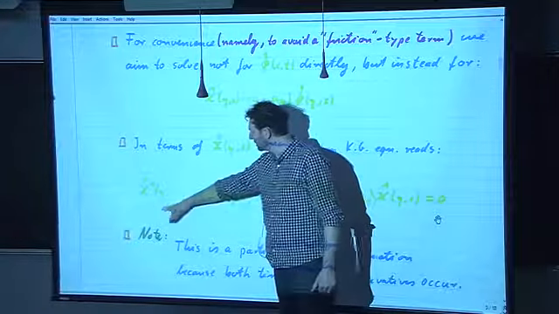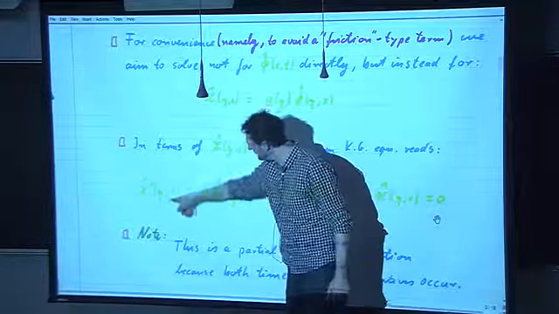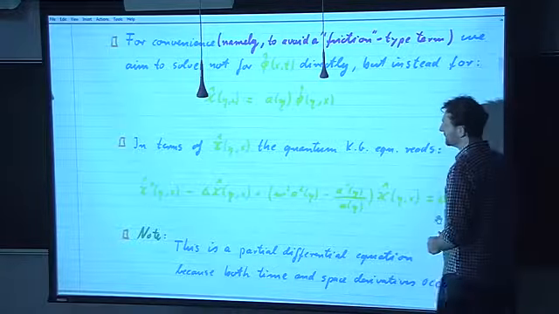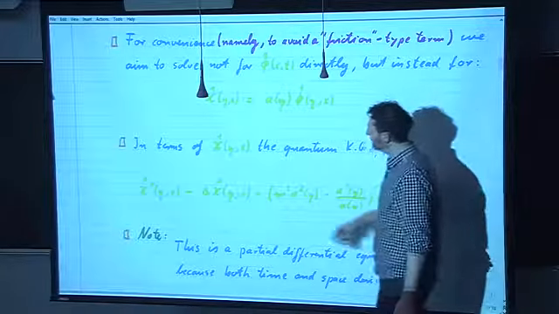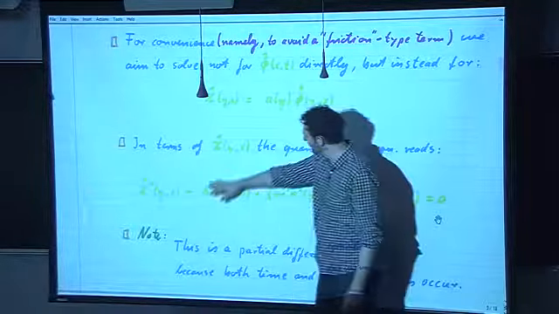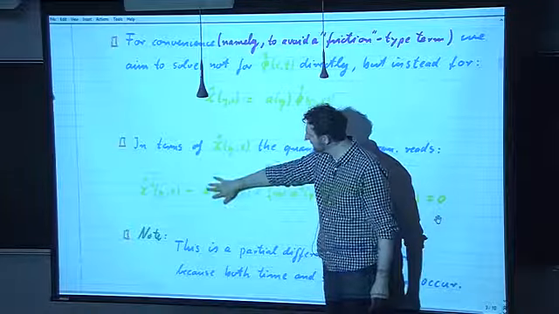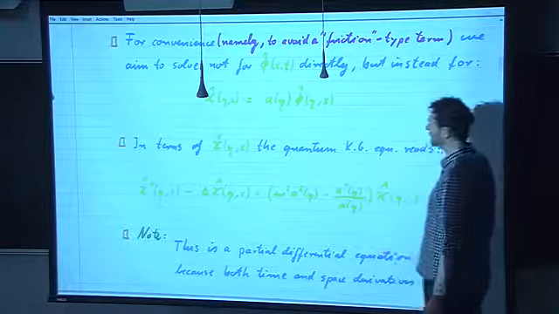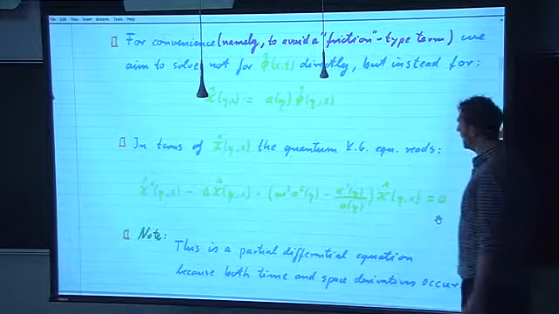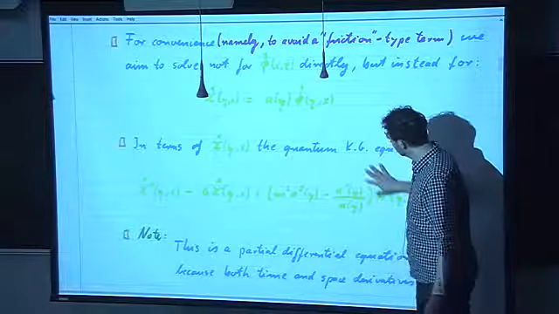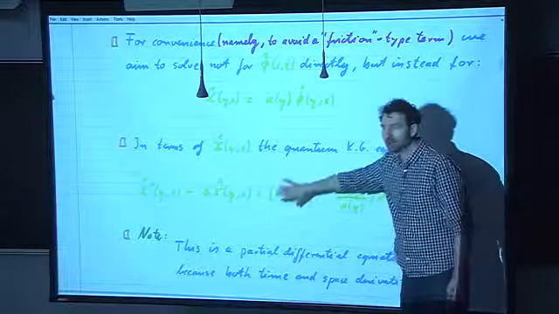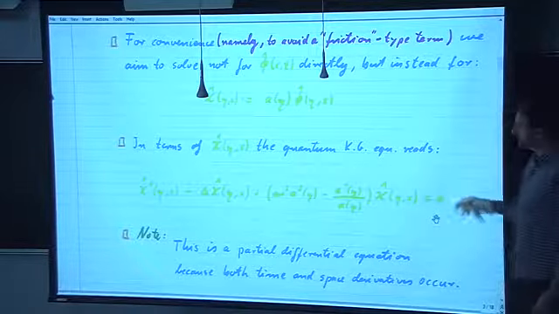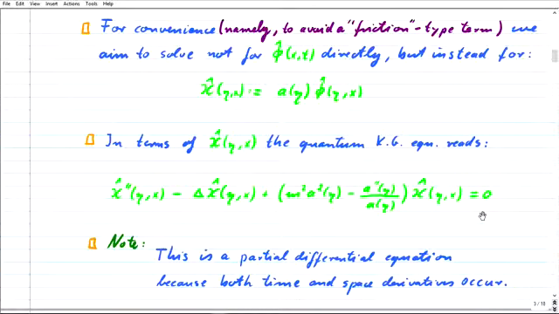Second time derivative, where this is the conformal time, x is the comoving positions. Second time derivative, and then the sum of the second space derivatives in the comoving coordinate system, plus this more complicated now mass term is equal to 0.